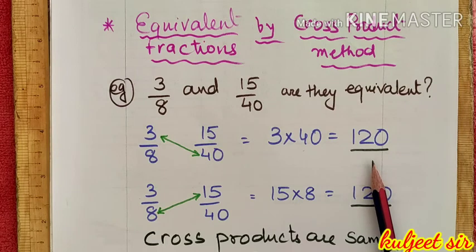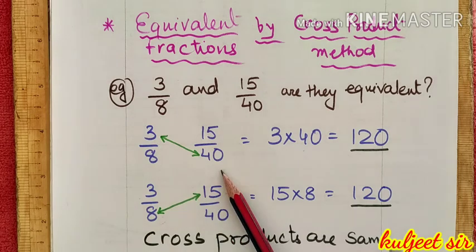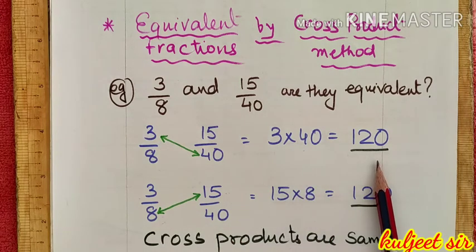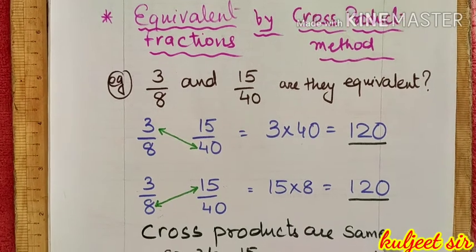Similarly, we'll do the next part. Now again, we'll be multiplying the numerator of the second number with the denominator of the first number. Here we had taken 3, the numerator, multiplied with the denominator, and we got 120. Here we have taken the denominator, and here we are taking the numerator. When we multiply 15 into 8, we get 120 as our answer.